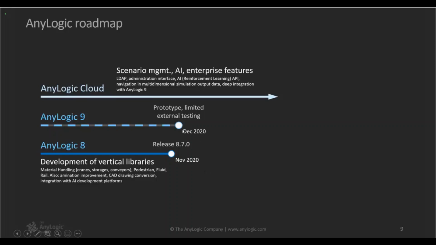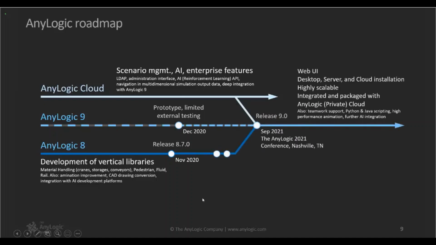It's going to happen in December this year. After that, we will merge AnyLogic 8 into AnyLogic 9, and AnyLogic 9 will also include some features of AnyLogic Cloud, but we'll talk about that later in detail.